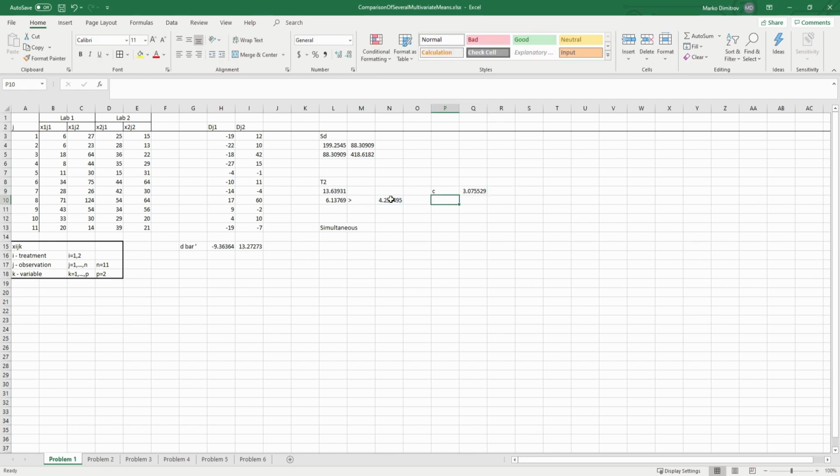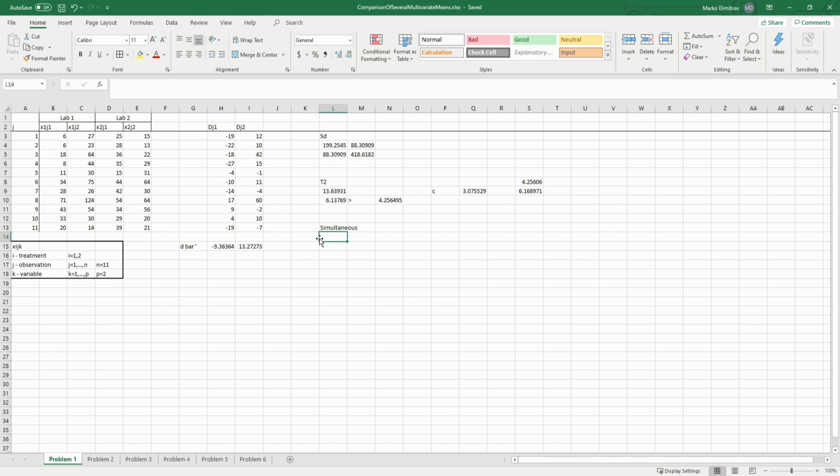This is our constant c for simultaneous intervals. We also need the square root of s_ii divided by 11, and the square root of this one divided by 11. Now we can compute the simultaneous confidence intervals.